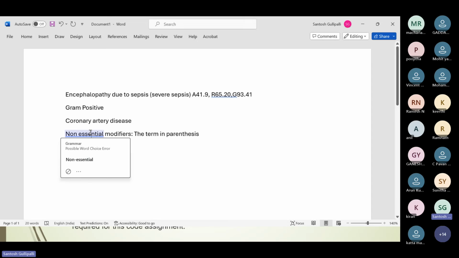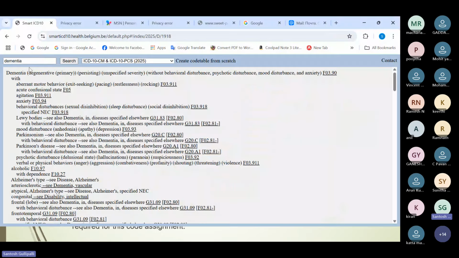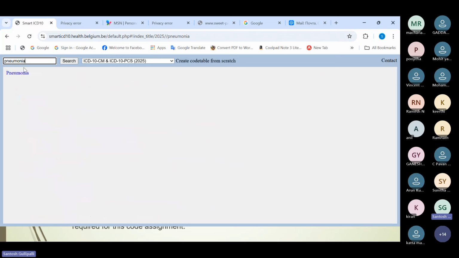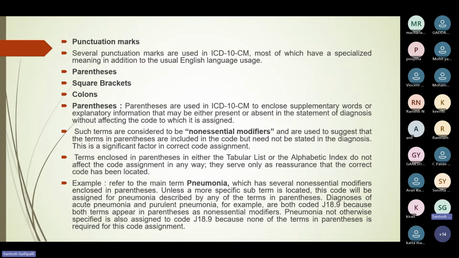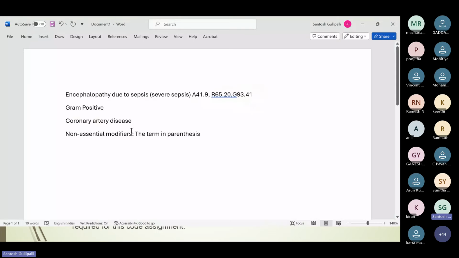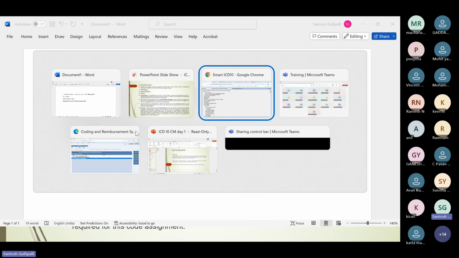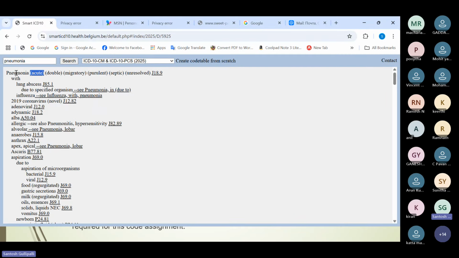For example, pneumonia. I will show you one more example. In pneumonia also there are terms in brackets; these brackets are called parentheses. If only pneumonia is documented, the diagnosis code is J18.9. Even if acute pneumonia is documented, you can use the same code.